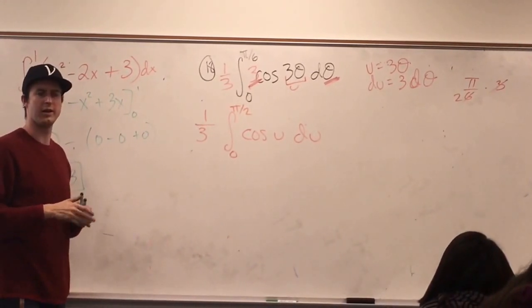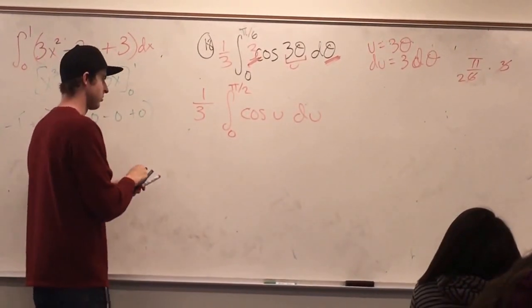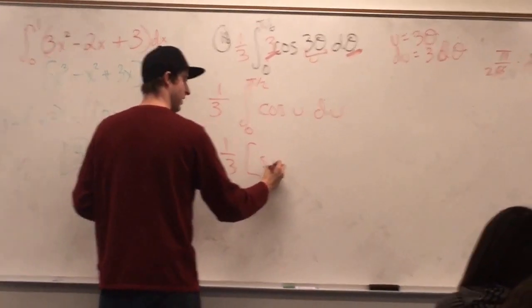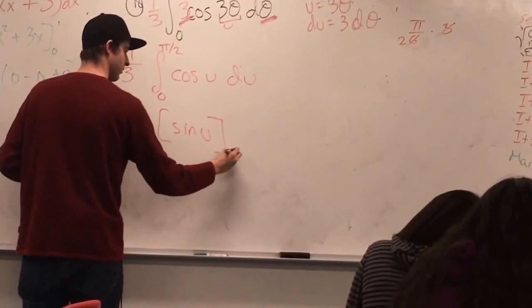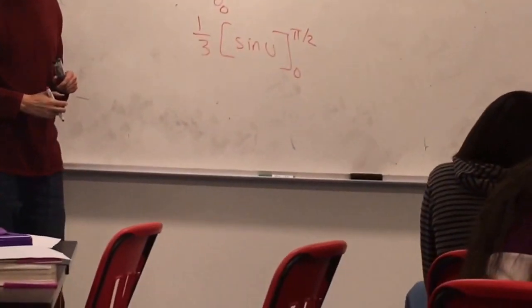Sine. The integral of cosine is positive sine. So we get 1/3 times the sine of u from 0 to pi over 2, and we should have this memorized by now.